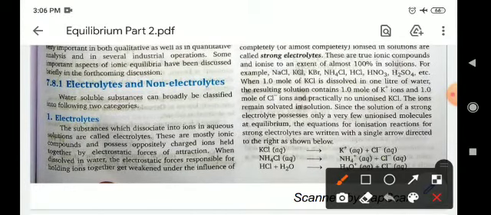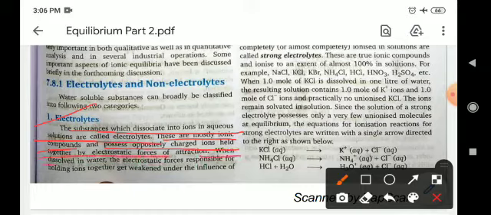Electrolytes are those substances which, in aqueous medium, conduct electricity or carry charge. The substances which dissociate into ions in aqueous solution are called electrolytes. They are mostly ionic compounds, possessing positively and negatively charged ions held together by electrostatic force of attraction.